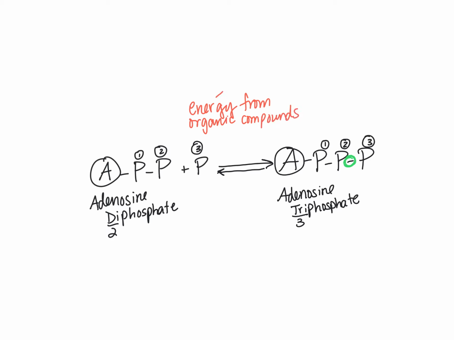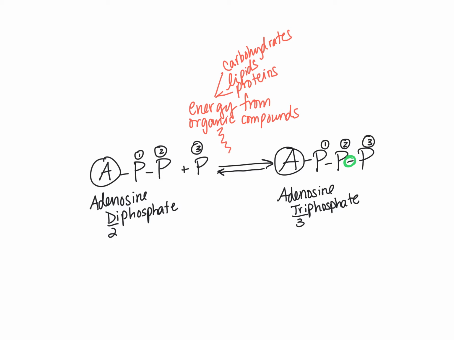So remember, this is things like lipids, which are the fats, proteins, and carbohydrates. And so what cells do is they break the bonds between the atoms in these molecules, and they release that energy.